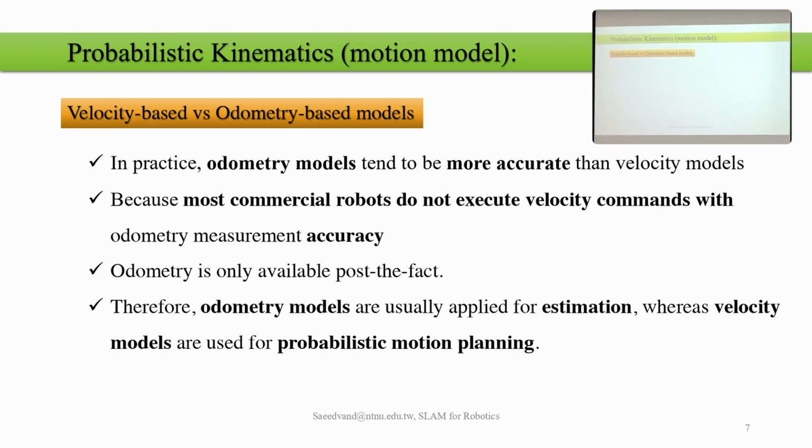So what about the velocity-based and odometry-based models? We say in practice, odometry models tend to be more accurate than velocity models. Why? What do you think? Odometry tends to be more accurate than the velocity model. Why?